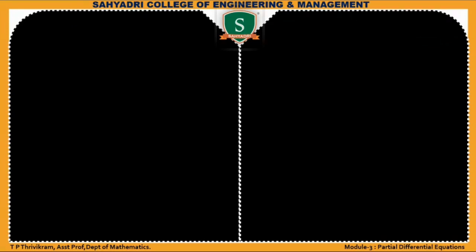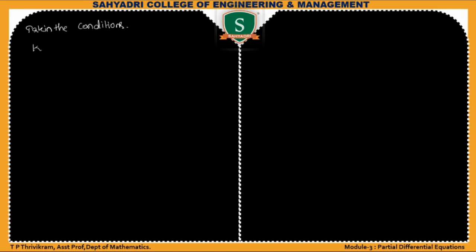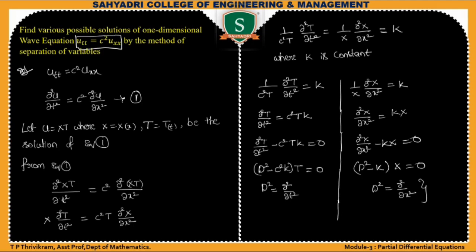So taking the conditions, where k equal to 0, or k is greater than 0, or k is less than 0. Okay. So first we'll take k equal to 0. What happens? So I'll take this equation as equation 2.